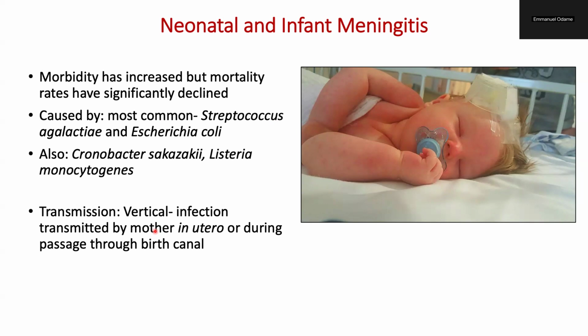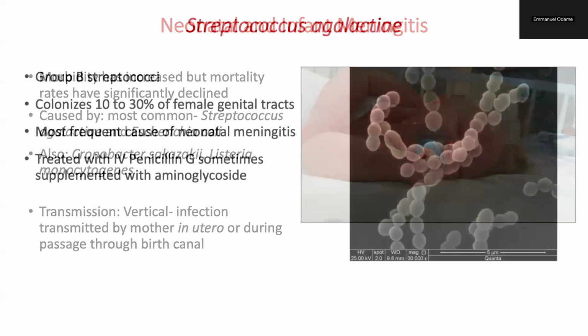Because of this, it's more common among premature babies, and it contributes mostly to lower premature baby survival rates, because of how it's spread mostly through vertical transmission from mother to baby.